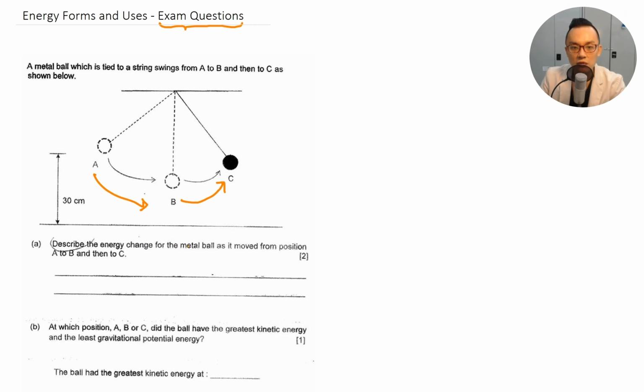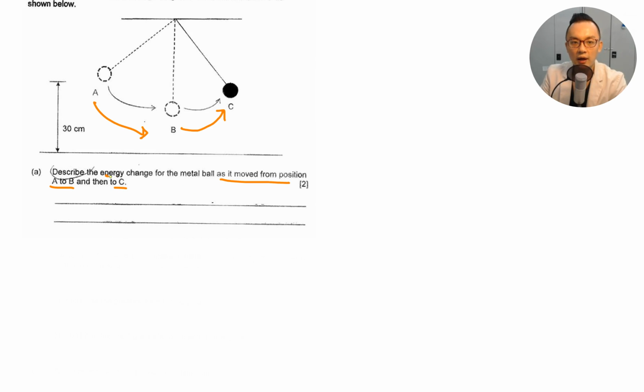Describe the energy change for the metal ball as it moved from position A to B and then to C. So take note that I want the energy change from A to B. When the ball moves from A to B, the energy change is from gravitational potential energy to kinetic energy.